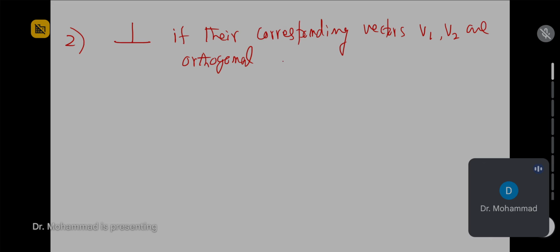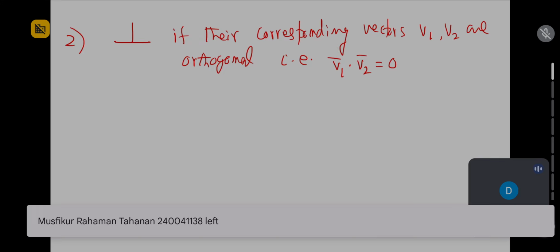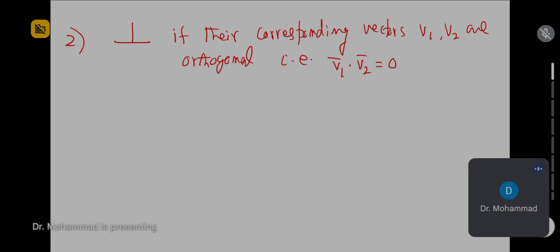What does it mean? It means the dot product is 0. If the dot product is 0, then we can say that the lines are perpendicular to each other.